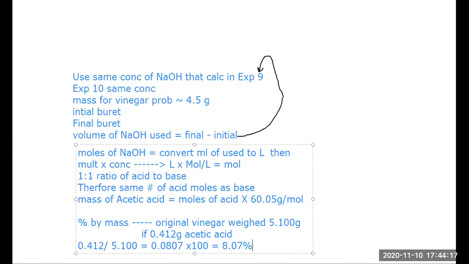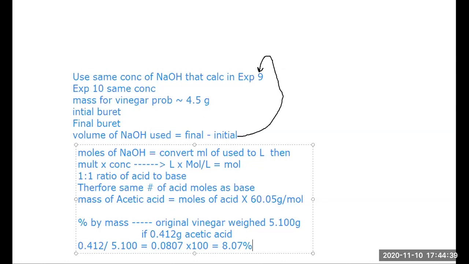Things to keep in mind: if you are crunching the numbers for the vinegar sample that you did and you end up with less than 1%, be suspicious. Also, if you have more than 10%, be suspicious. Either one of those actually likely means you made a math error in your calculations.